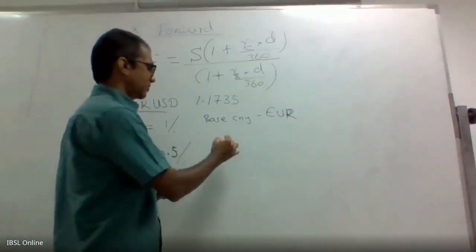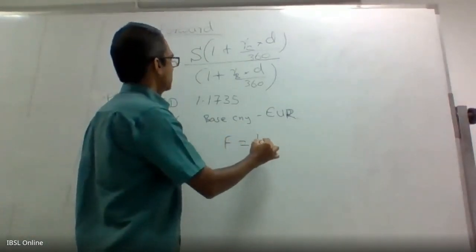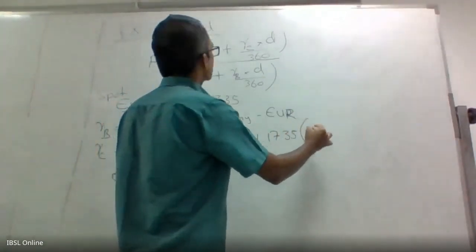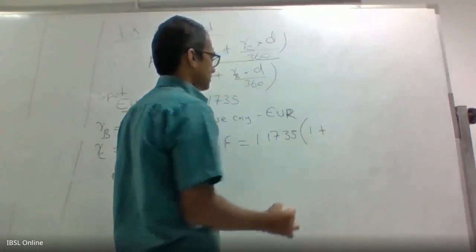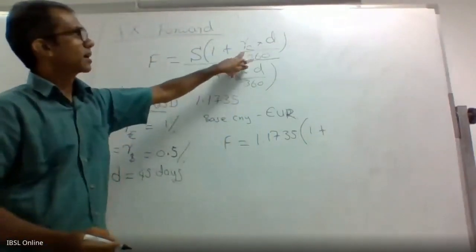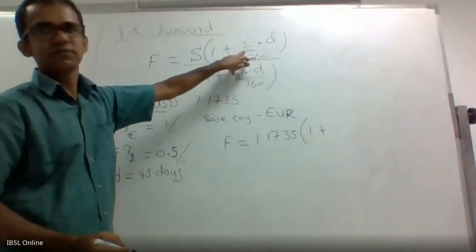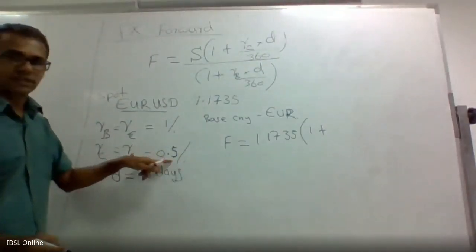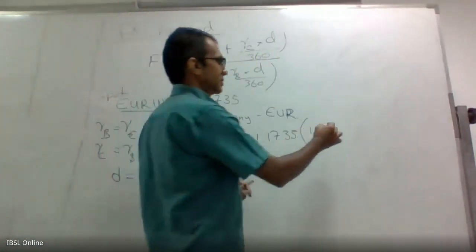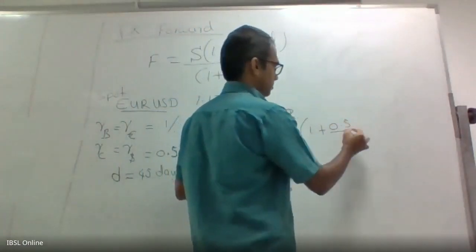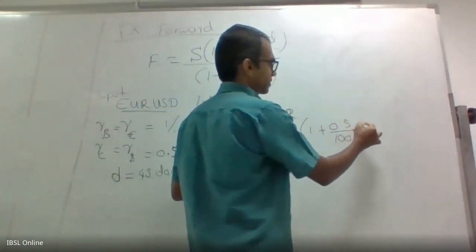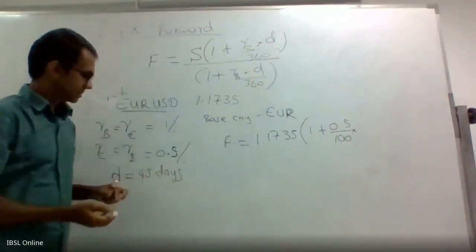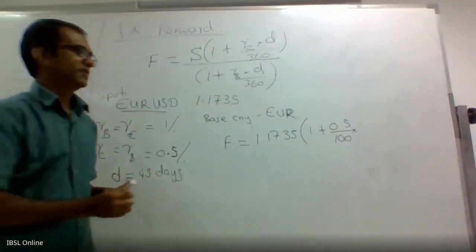So we'll substitute figures. Spot is 1.1735. 1 plus interest rate of counter currency. Counter currency dollar. Interest rate of dollar is 0.5%. Remember that one as well. D, number of days, 45 days.